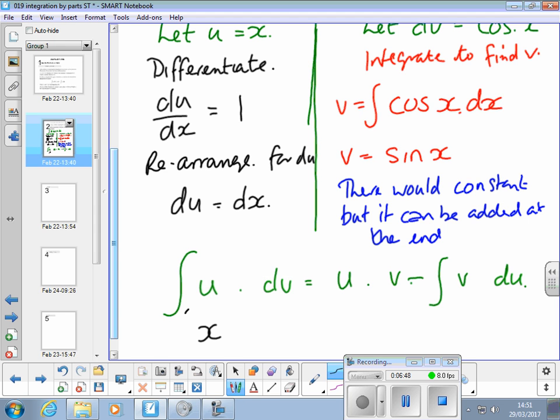So the integral of x times dv, which we called cos x.